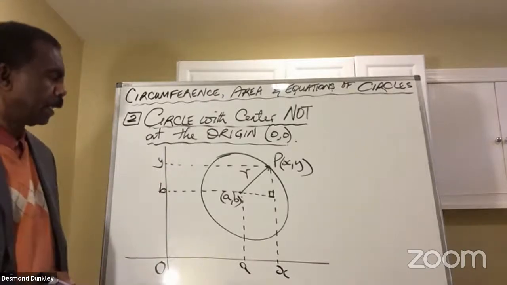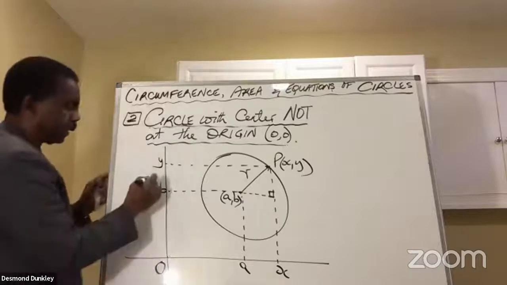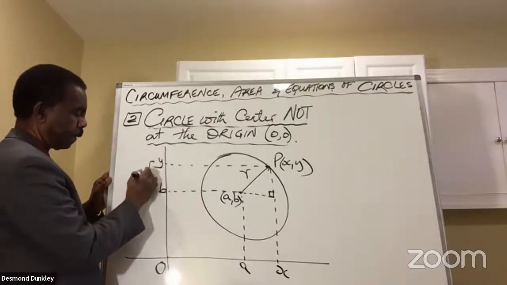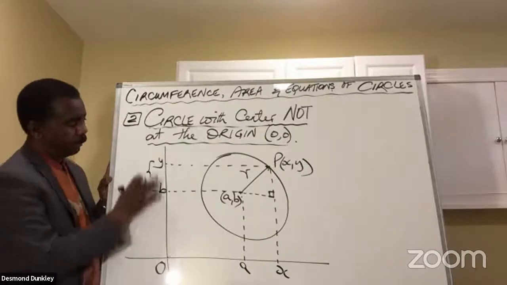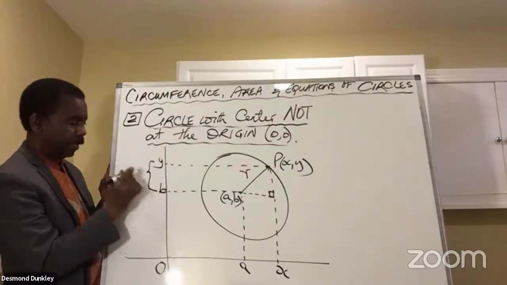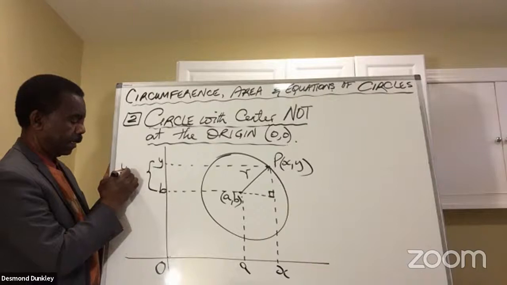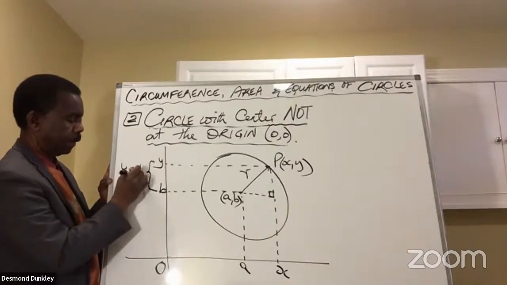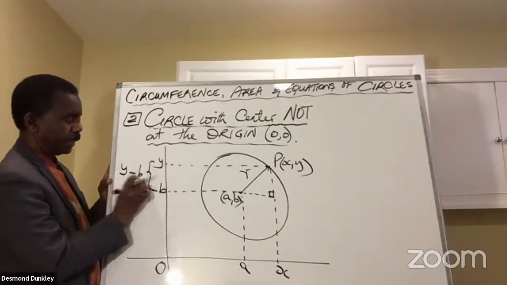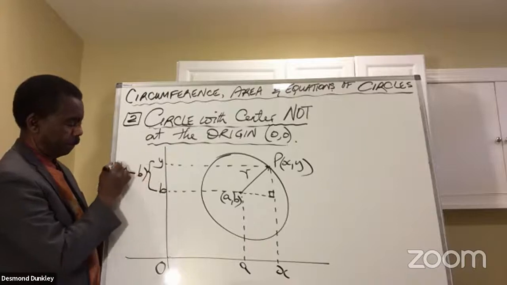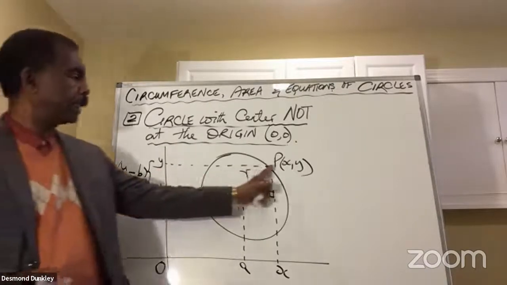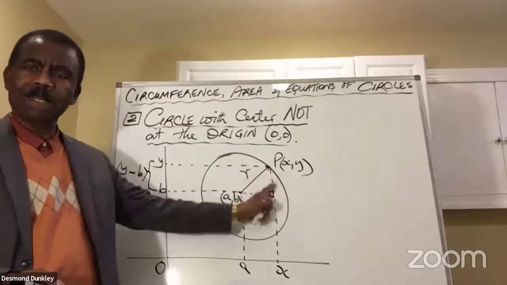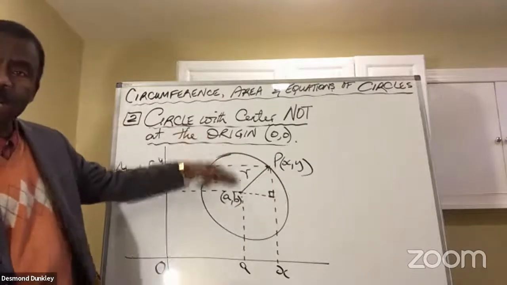So truthfully, this distance from here to here has to be the difference between Y and B. So it is Y take away B. That's what this distance is going to be. And of course, this distance is going to be the same as this distance. So these two lines are parallel.